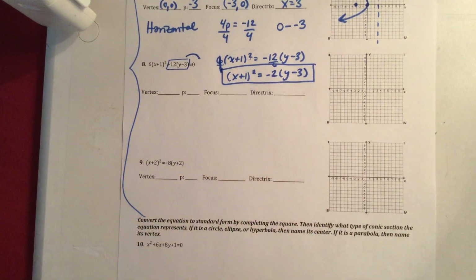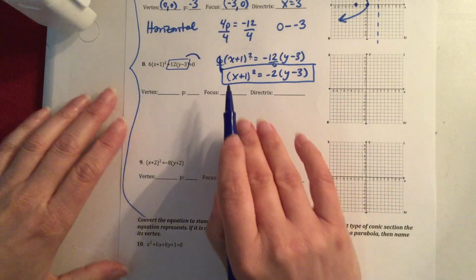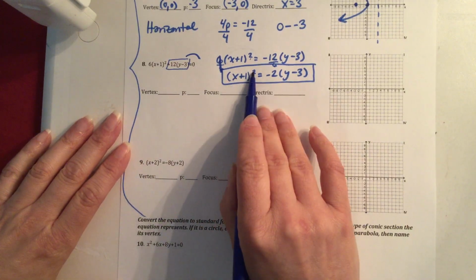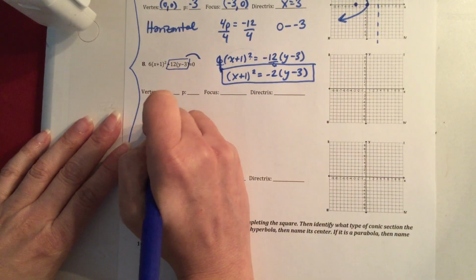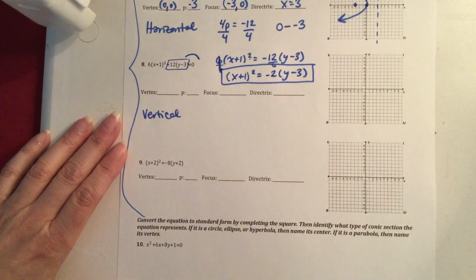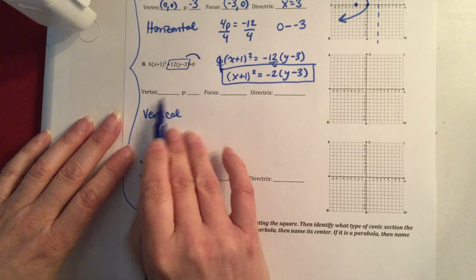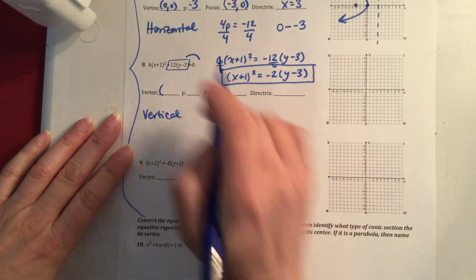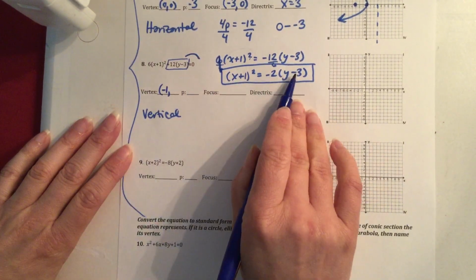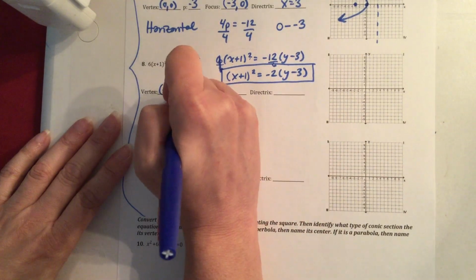Now we want to know, is this vertical or horizontal? In order to do that, you have to look and see where the power of 2 is, which variable is squared. Here, the x is squared. If the x is squared, it's a vertical parabola. That means that it has to open up or down. Your vertex, what are you subtracting from x? Negative 1. What are you subtracting from y? 3.